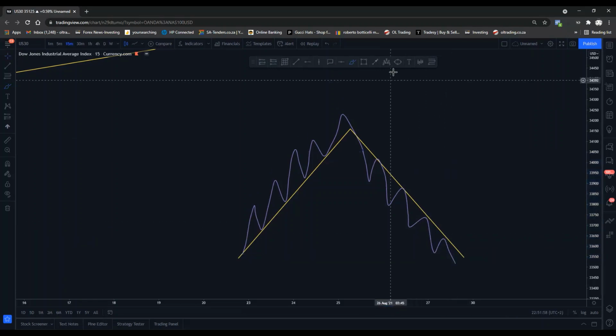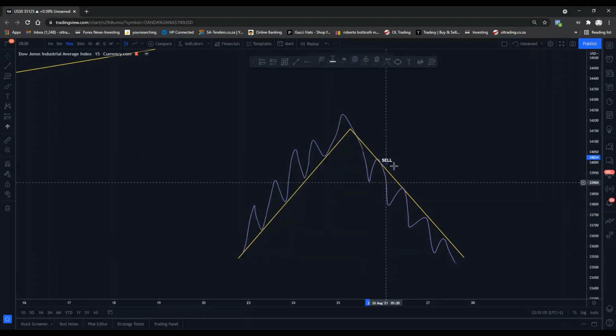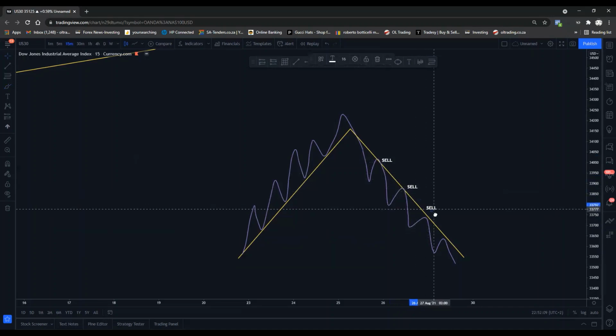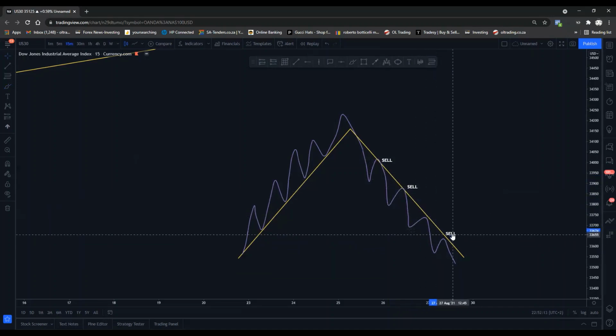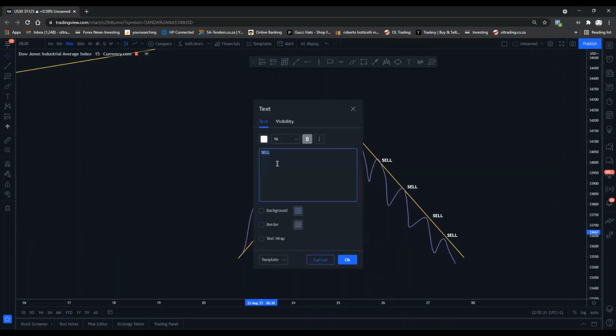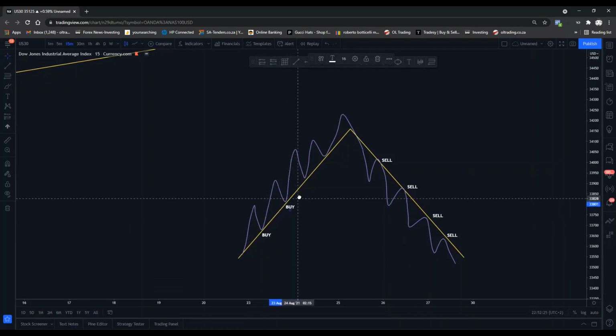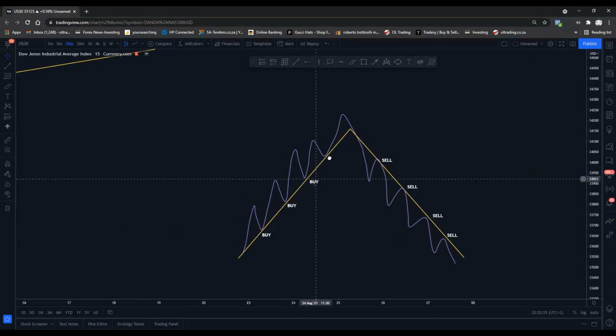So with that being said, you know that at this point you would sell, sell, sell. Here you'd be buying, buy, buy.